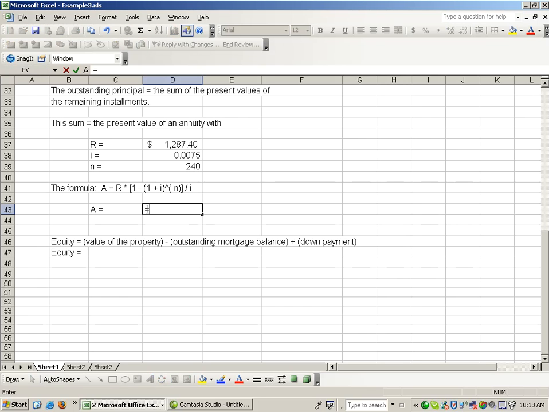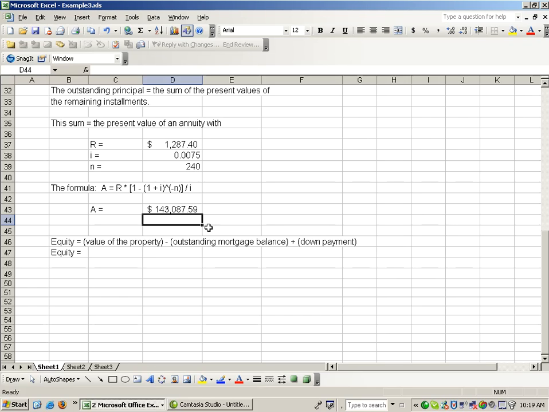So the present value is equal to R times parenthesis 1 minus parenthesis 1 plus I to the power of negative N, close it twice, and divide it by I. All right, so this is the sum of the present values.